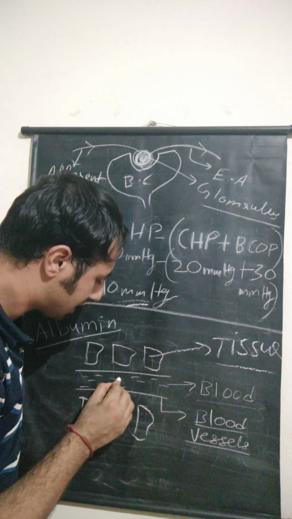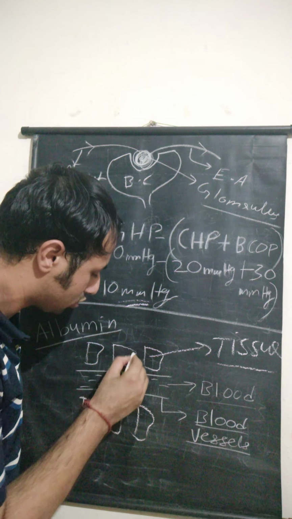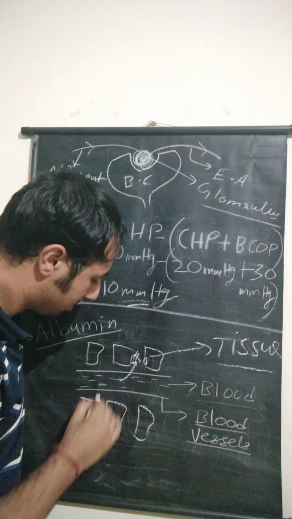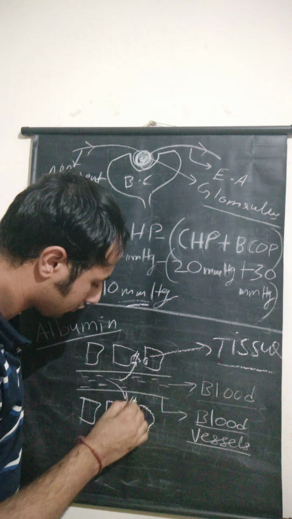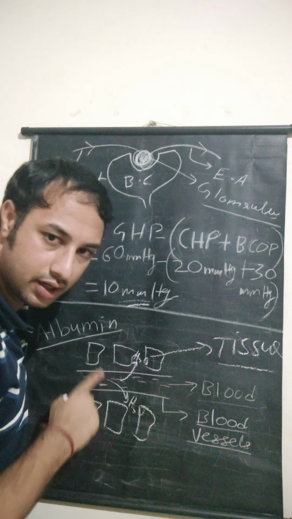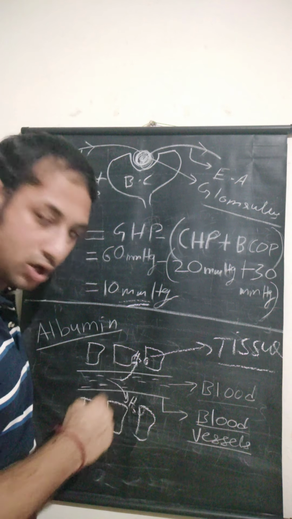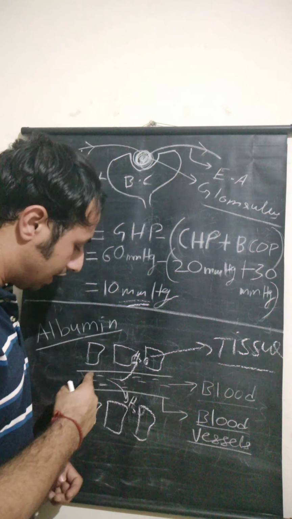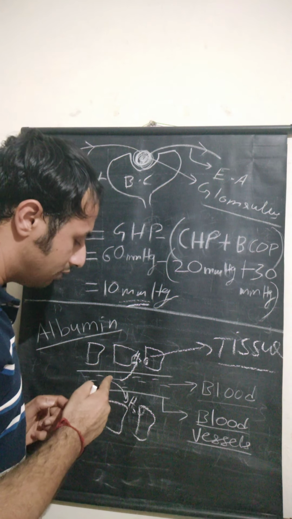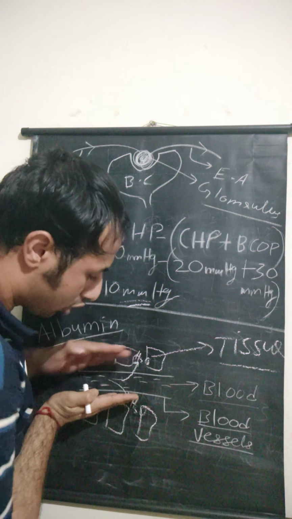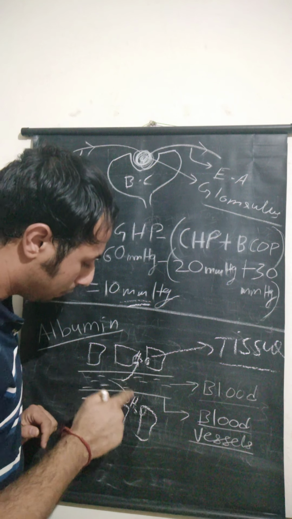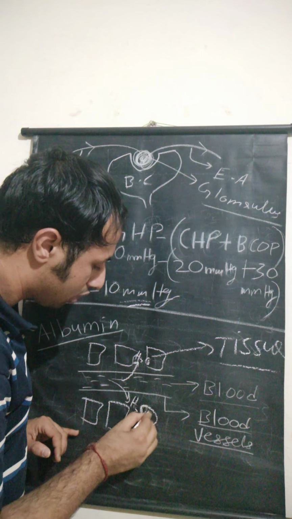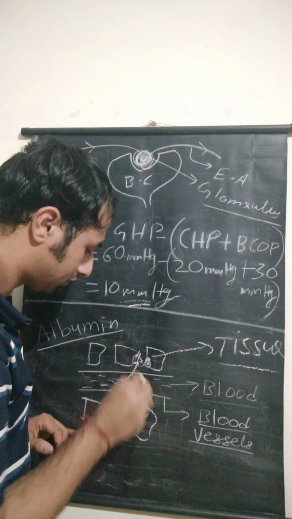So water, H2O, will start coming out between the cells of the tissue because of osmosis. Now what is albumin doing here? The albumin is mixed in this blood, and it applies a pressure on the wall of this blood capillary to prevent the outgoing of water.